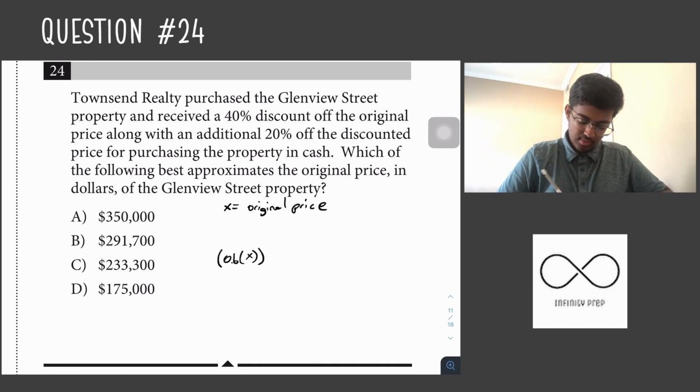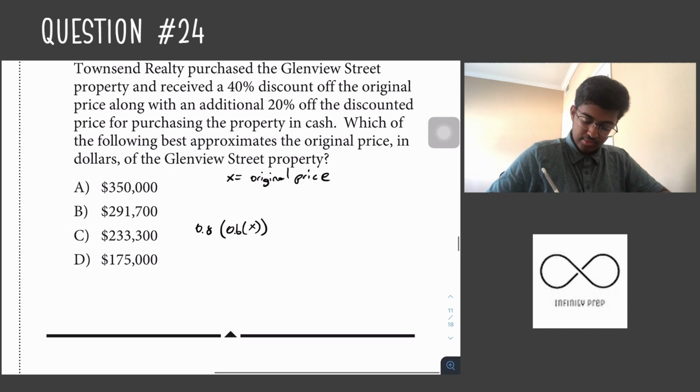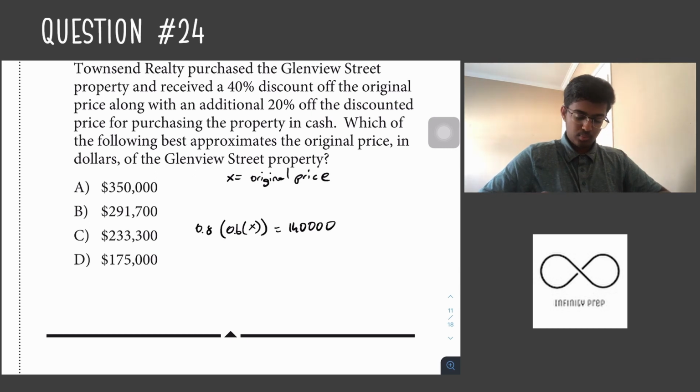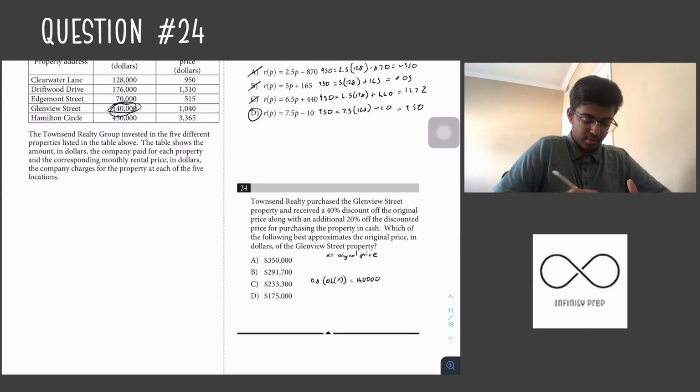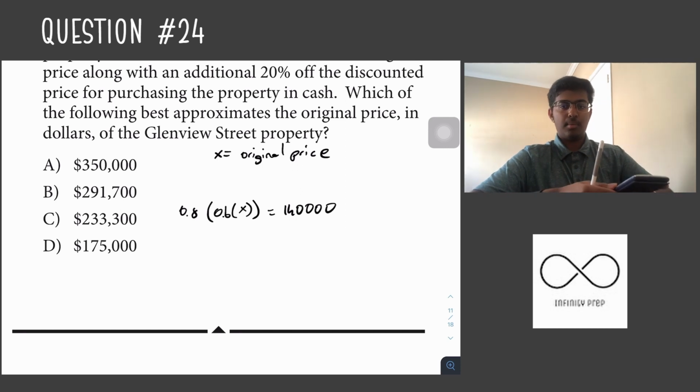And then outside of that would be 0.8, because 20% was taken off the discounted price. And then this has to equal 140,000, which is the discounted price right there. So we can plug the answer choices into X to see which one becomes 140,000. I'm going to plug in the 350,000 for answer choice A.